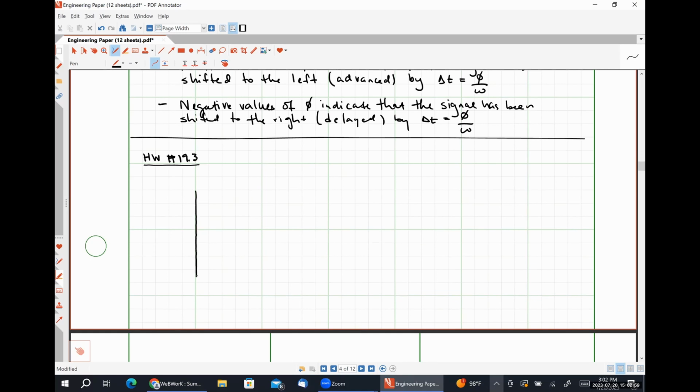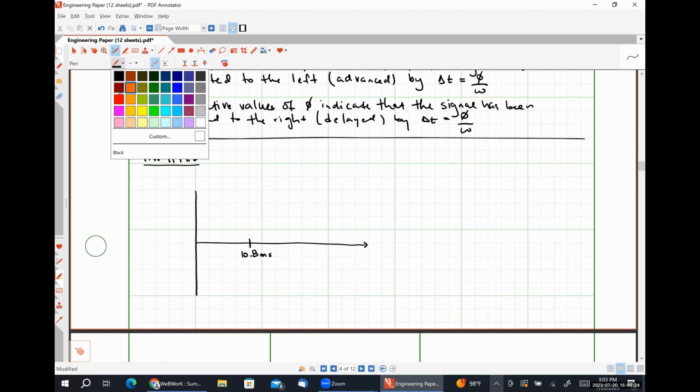So here is my graph. And this point in time will arbitrarily be 10.8 milliseconds.